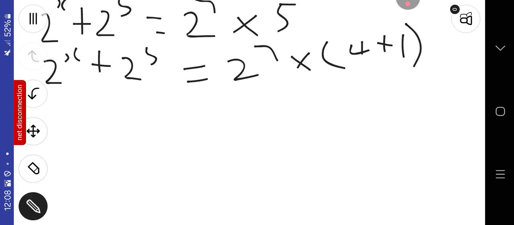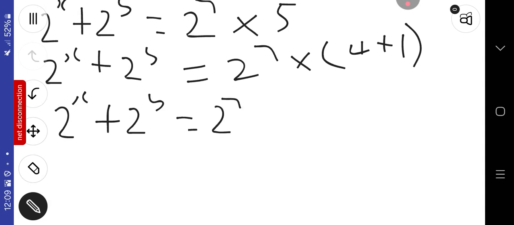So we're going to have 2 exponent x plus 2 exponent y is equal to 2 exponent 7 times 4, plus 2 exponent 7 times 1.